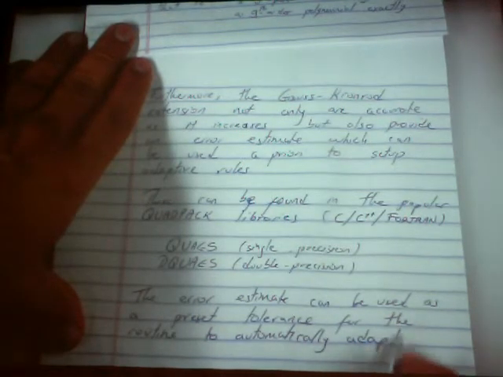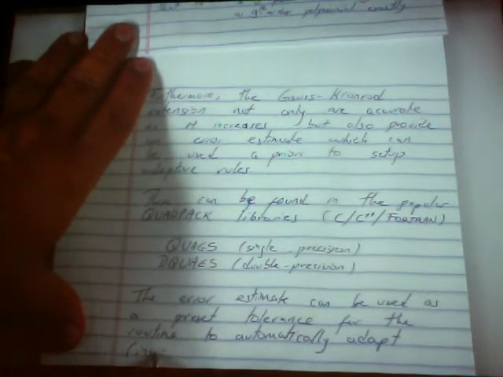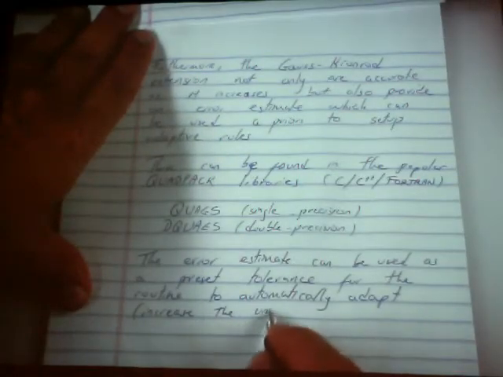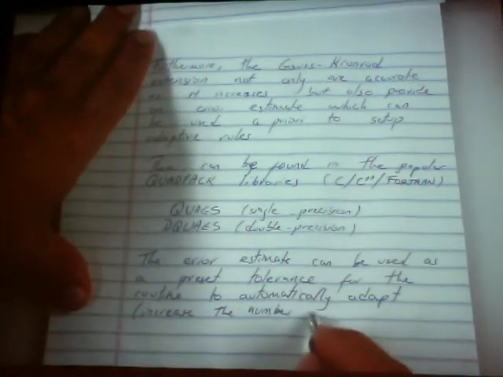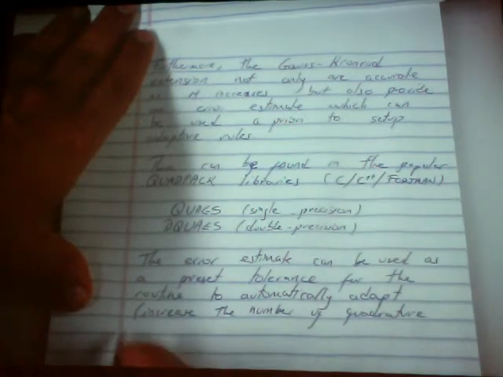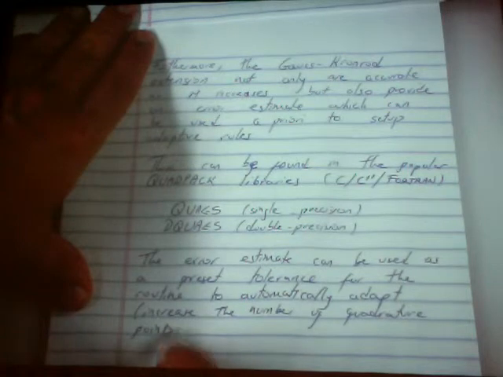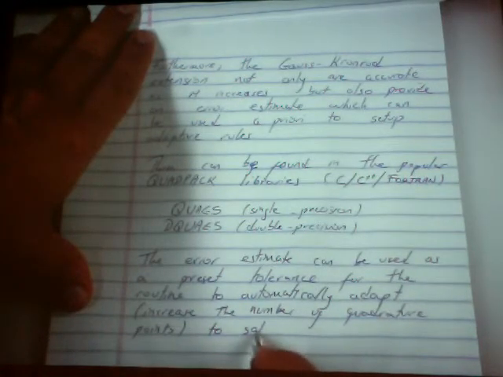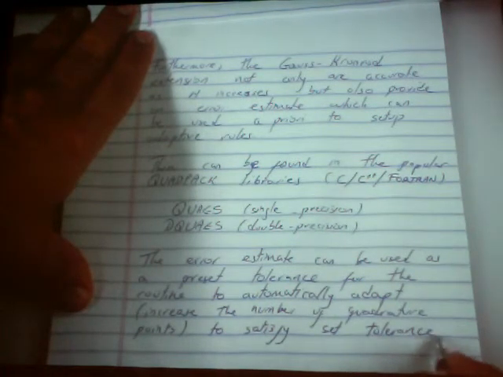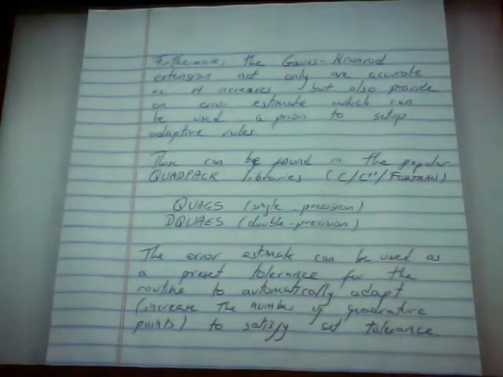That means increase the number of quadrature points to satisfy the set tolerance. Okay, so it's very powerful.